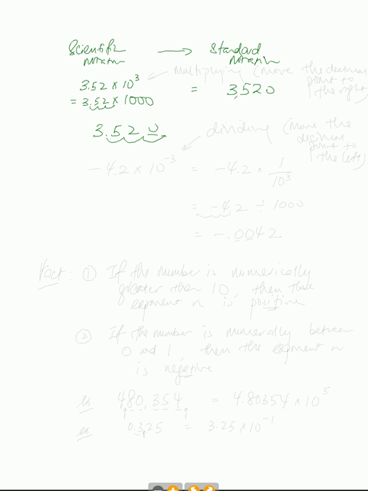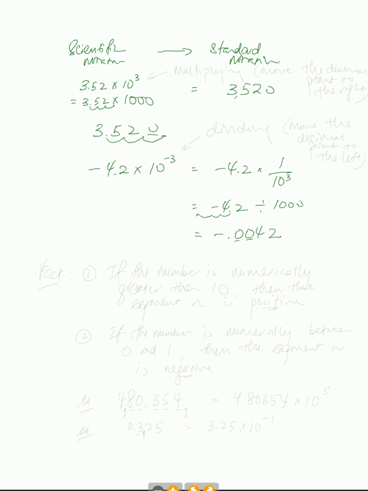What happens if the exponent is negative? For example, negative 4.2 times 10 to the power of negative 3. What negative 3 really means is negative 4.2 multiplied by 1 over 10 cubed, which you can think of as dividing by 1,000. Dividing by 1,000 makes the number smaller, so you move the decimal place 3 places to the left. That makes it negative 0.0042.